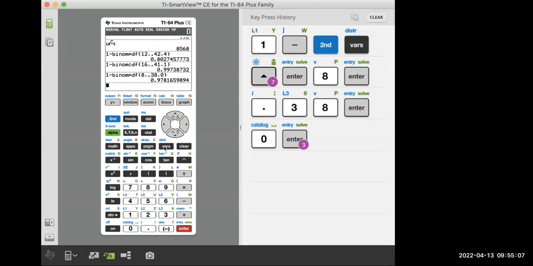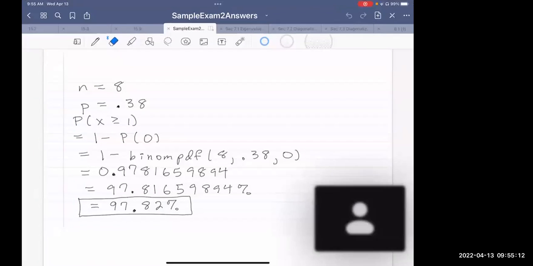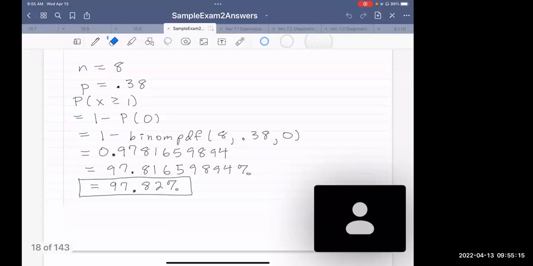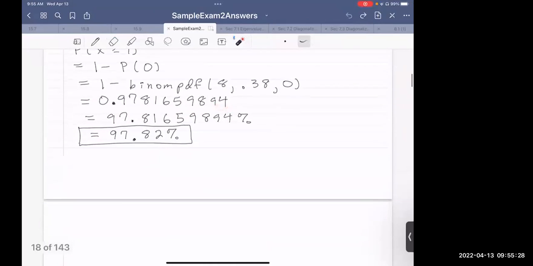Let me write that number down: 0.9781659894. Moving my decimal place 2 places to the right, I have 97.81659894%. Rounding to the nearest hundredth of a percent, I have 97.82%.